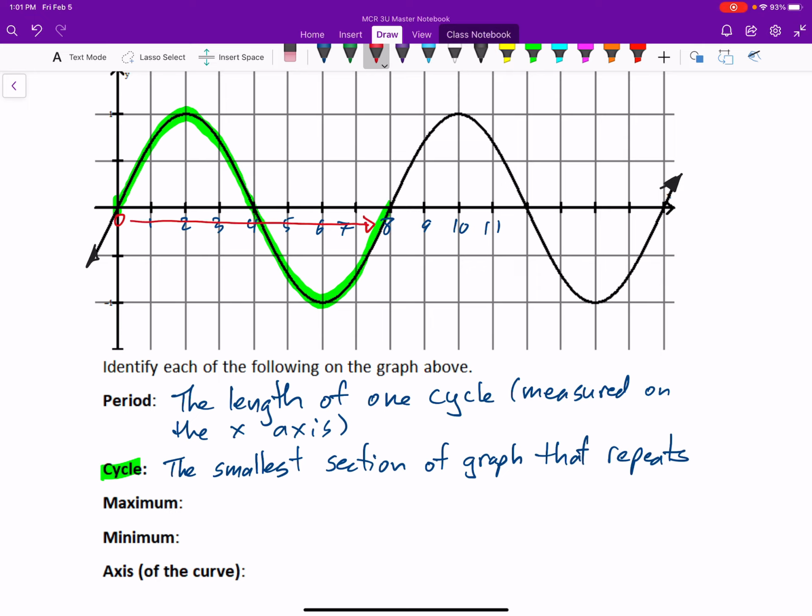The horizontal length of that section of the graph is 8 units long. So that's what we mean by the period. So again, the length measured on the x-axis.